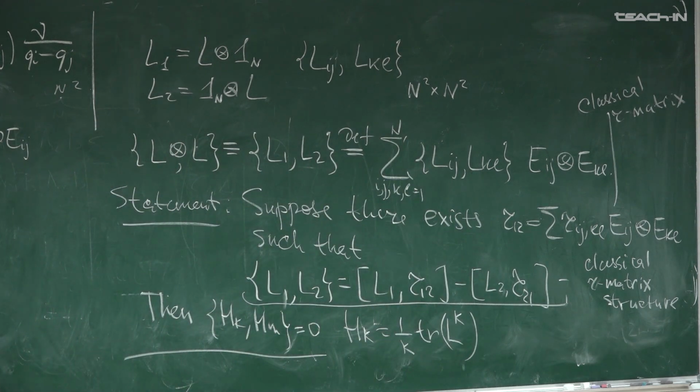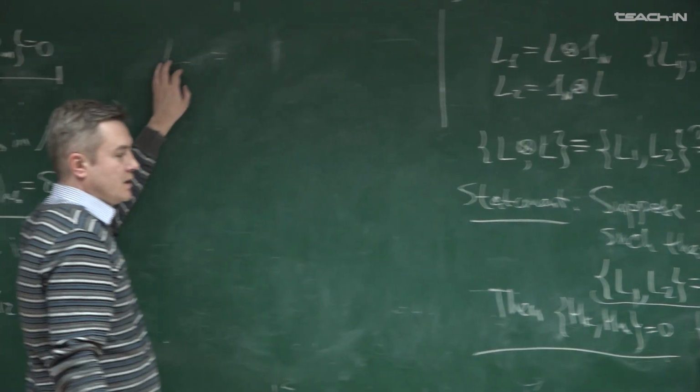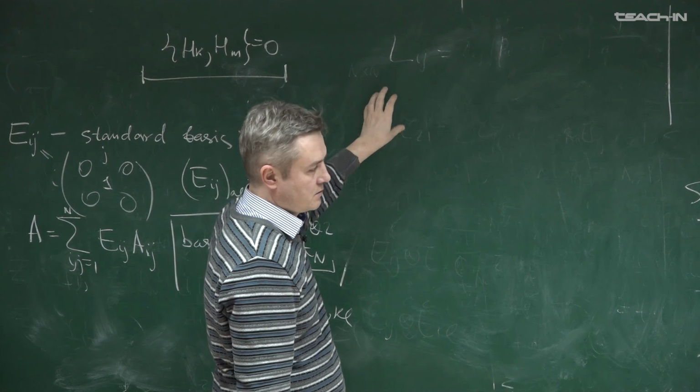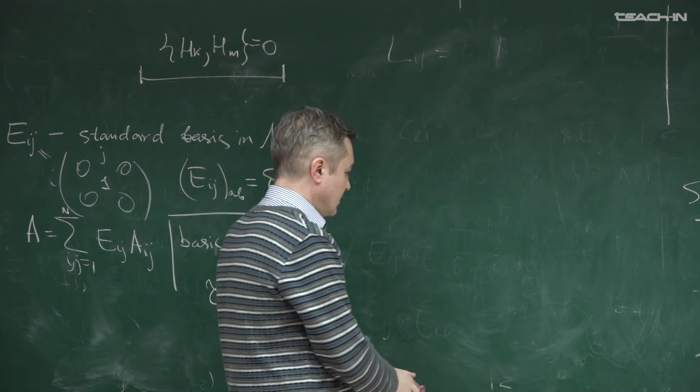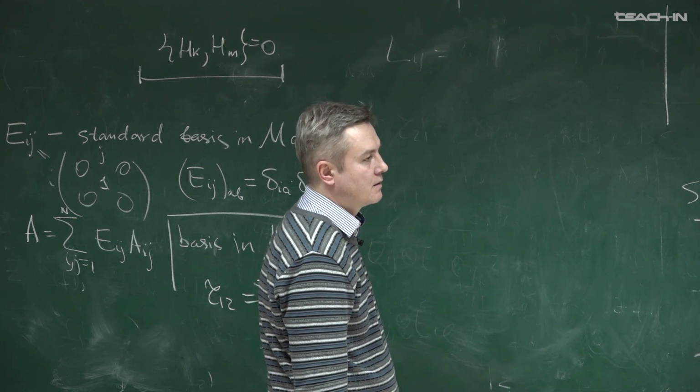Okay, now we know something. And of course for the Calogero-Moser model I told you about, the R matrix exists, and you may write it explicitly.